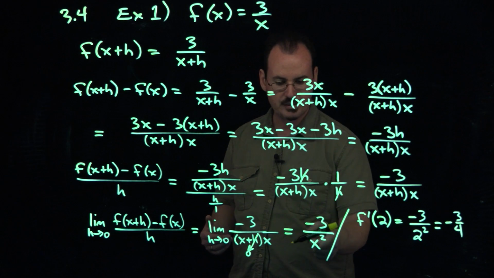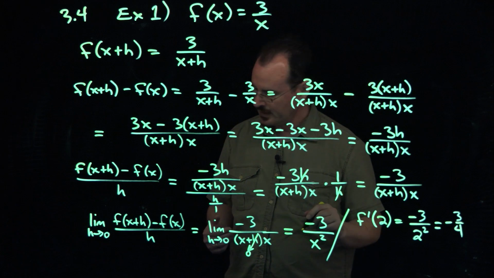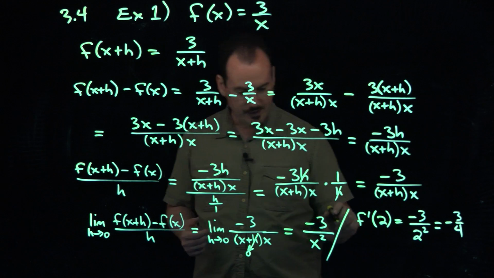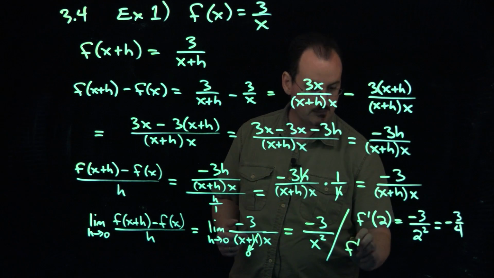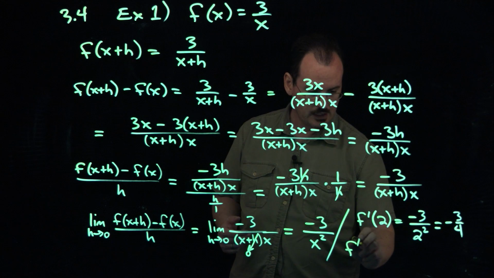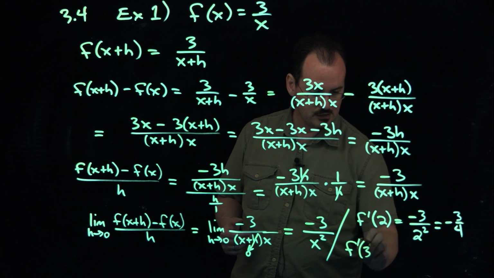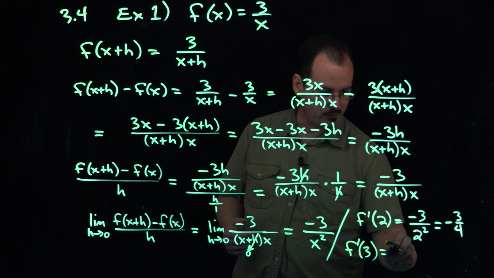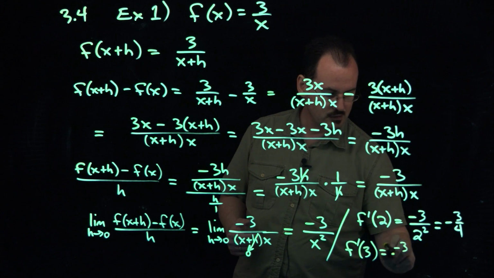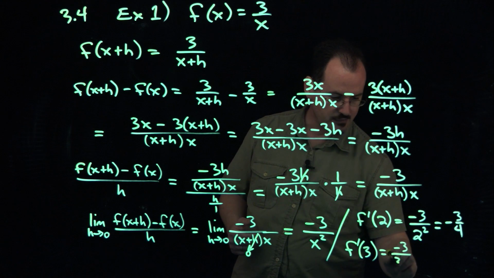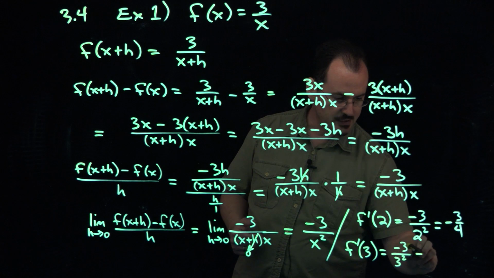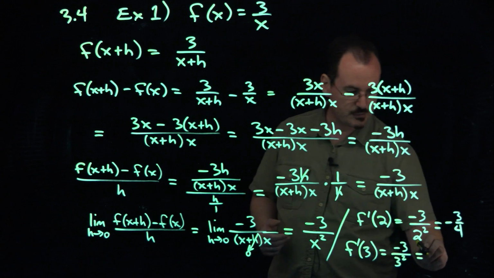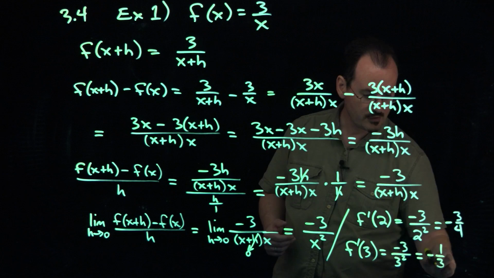Because if I try to plug 0 in there, I'm going to be dividing by 0. So that's undefined. And then finally, f prime of 3 would be what? I'm just running out of room here. So f prime of 3 will be whatever I get when I plug in 3 into that function there. So in this case, I'll have 3 squared. So that's minus 3 over 9. So that's going to be minus 1/3.